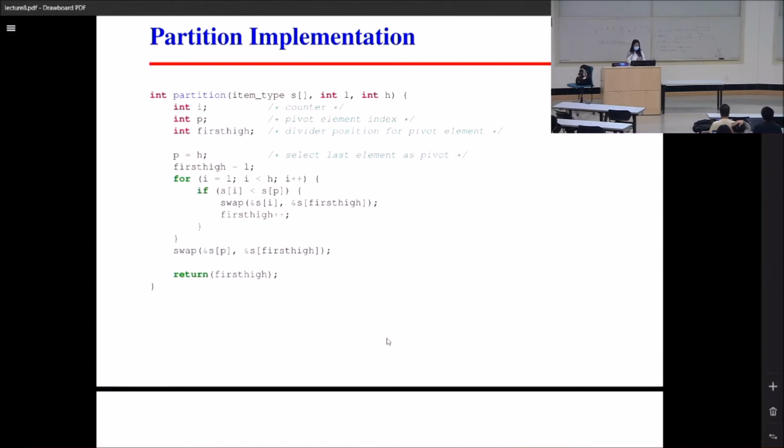So let the pivot point be at 7. And then we compare the elements from the beginning. We'll compare 17 to 10, 12 to 10, 6 to 10. And whenever we find an element that is smaller than it, we need to perform the swap. And then we also increase our counter of the first high by 1.